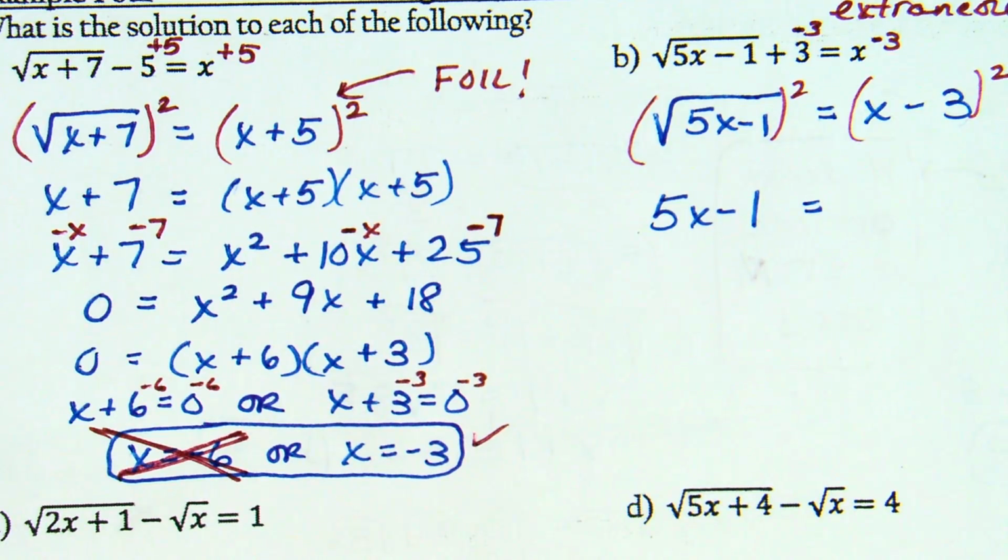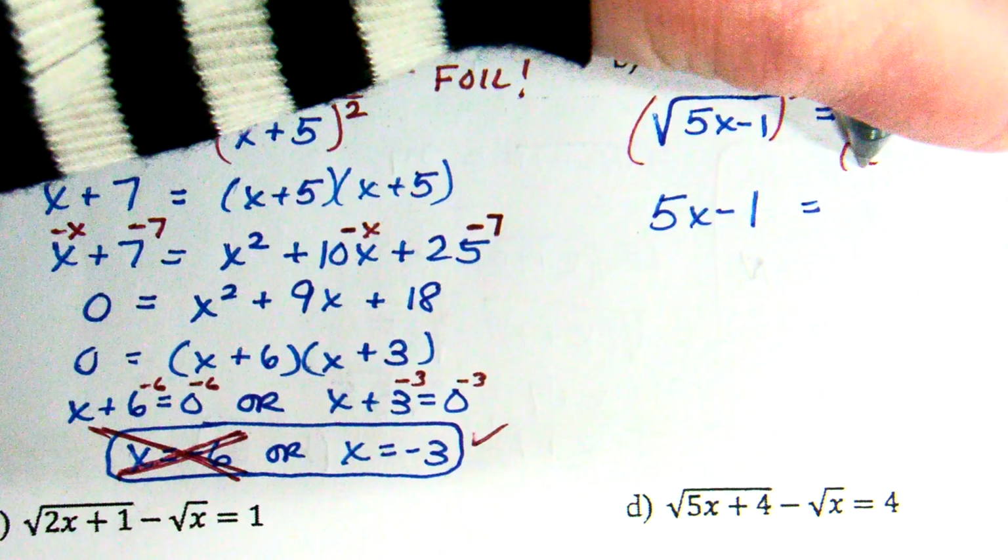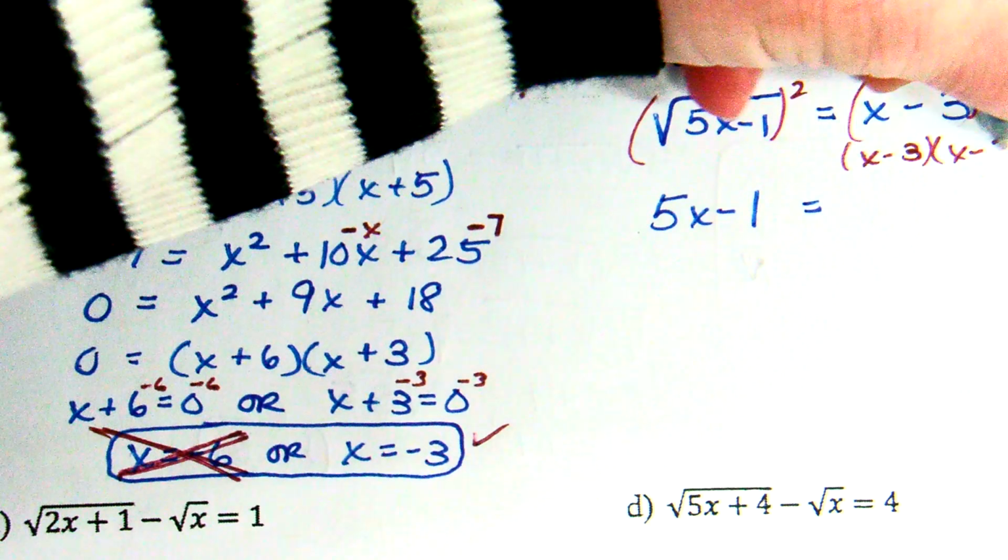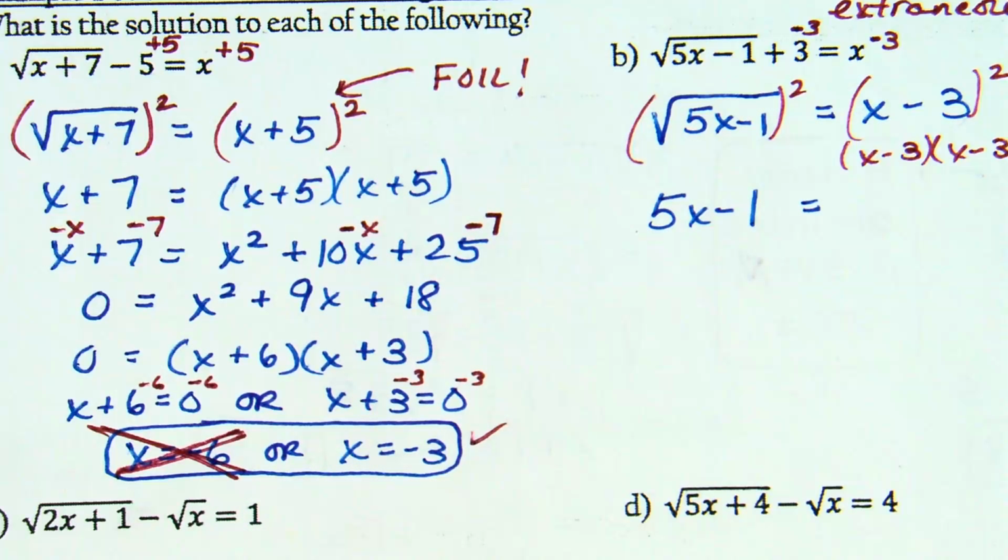If you can multiply that in your head, I'm fine with that. Whether you write it down or do it in your head, you have to do x minus 3 times x minus 3, right? So you are foiling. Just do me a favor: don't tell me my answer is x squared plus 9, because you're missing an important piece, right?